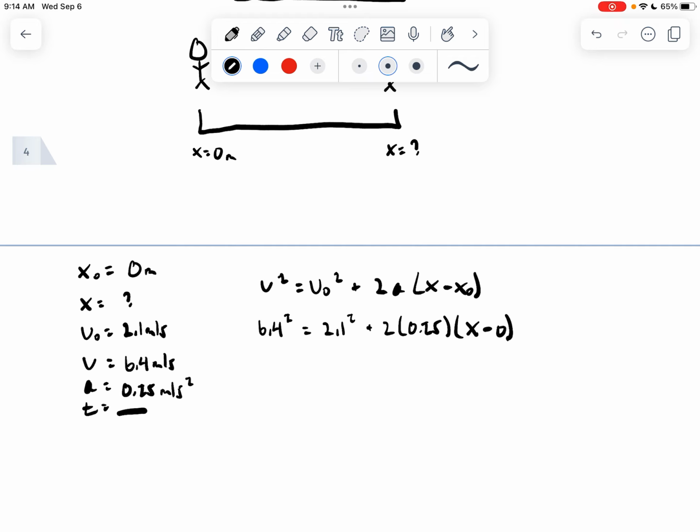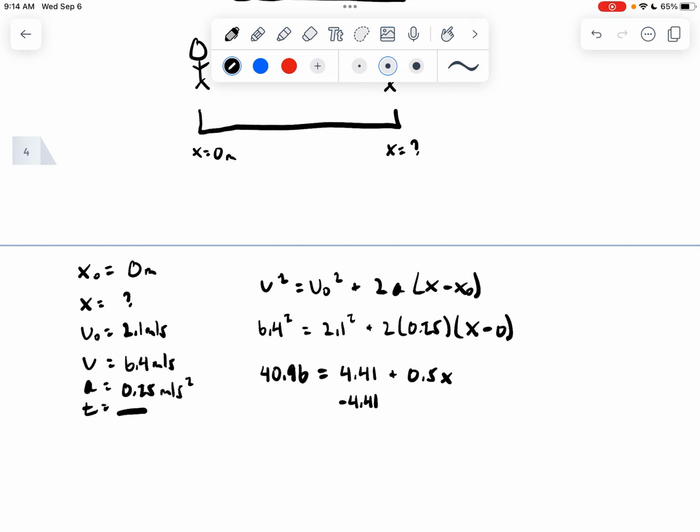Real quickly going through the algebra here, 6.4 squared is going to give us 40.96. 2.1 squared is going to give us 4.41. Again, x minus 0 is just x, and 2 times 0.25 is going to give us 0.5x.